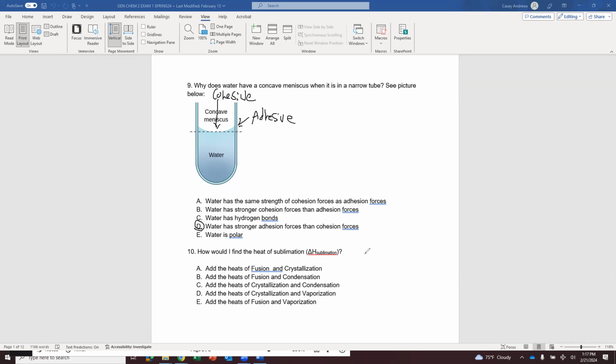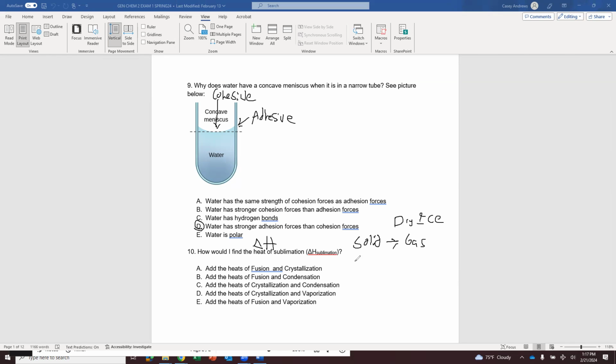How would I find the heat of sublimation? Sublimation is solid going to a gas. That's basically what dry ice does. Remember, anytime you see the heat of, that is delta H, and delta H's are additive.